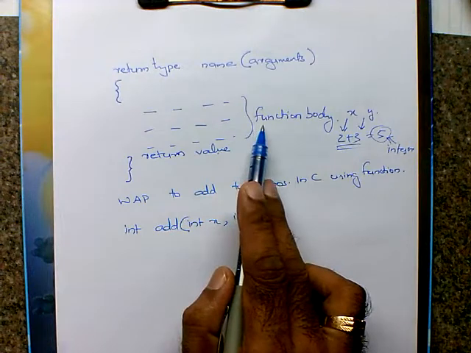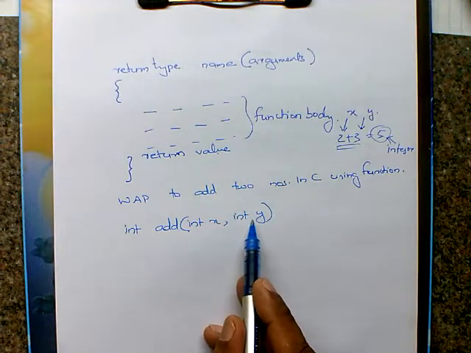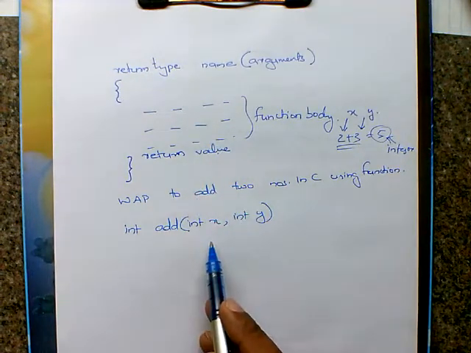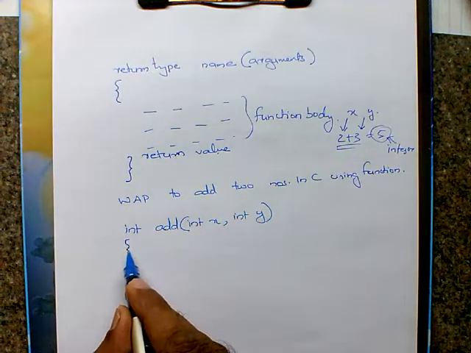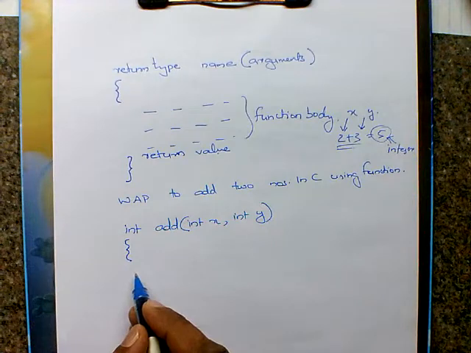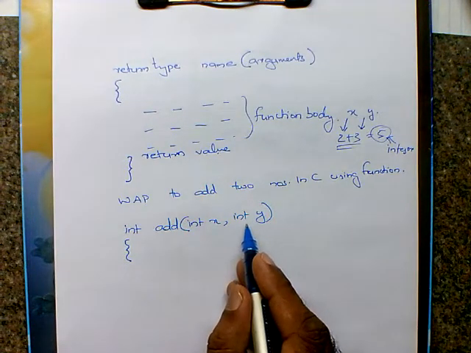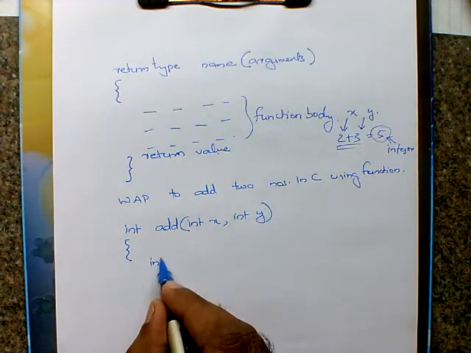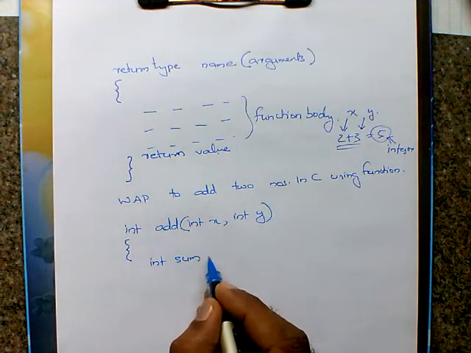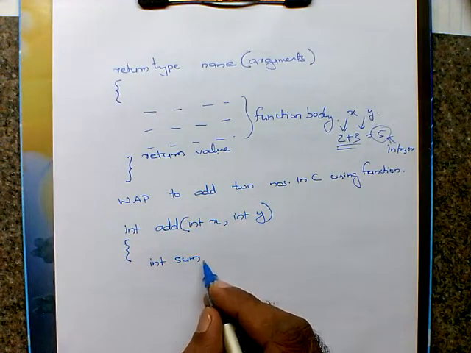Now we want to process x and y. Where can we write it? We can write it in the function body. So to write the function body, open the curly bracket. Now you have x and y. If you add x and y, we will get another integer, int sum.